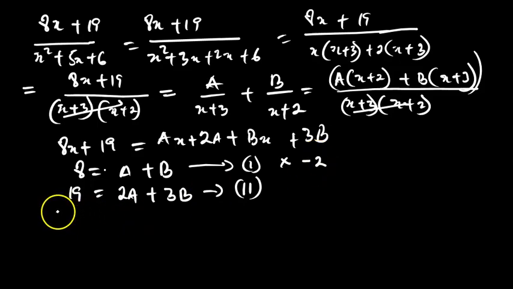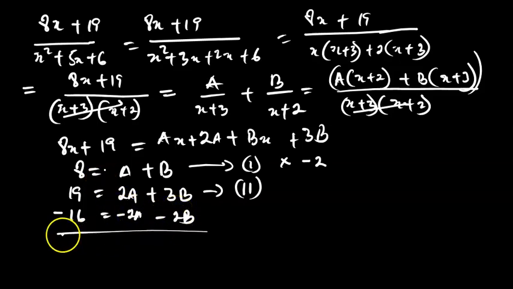So equation 1 becomes minus 16 equals minus 2A minus 2B. From here, 19 minus 16 is 3, 2A minus 2A is 0, and 3B minus 2B is B. So B is equal to 3.